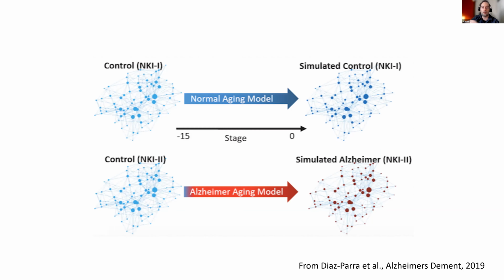By starting at a healthy condition, so in both cases we started with the healthy conditions, and then we simulated what we expect to see happening with those connections during normal aging, as well as what we expect to happen during Alzheimer's disease aging. And we used machine learning then to differentiate between those two different progression models at each stage. And one stage refers approximately to 1 year.